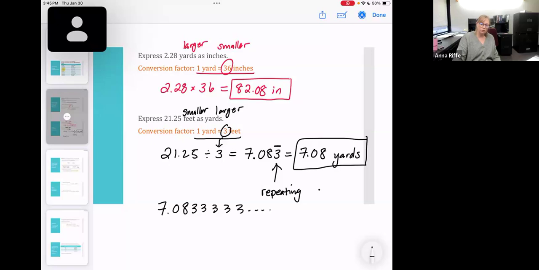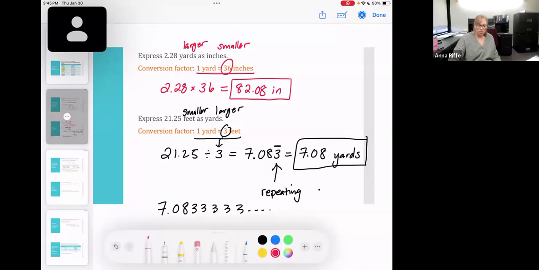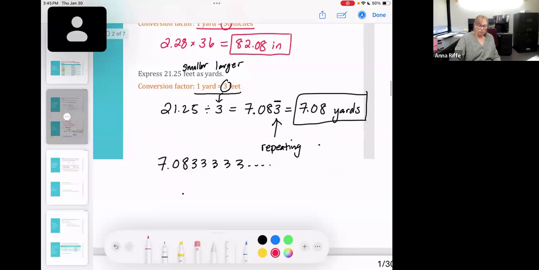7.08333333, etc. If I want to round to 2 decimal places, then this is my second decimal place. If I want to determine whether to round up or round down, I'm going to look at this next decimal to the right. I can note that the 3 is smaller than 5.